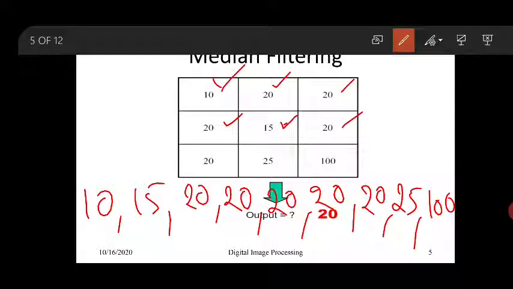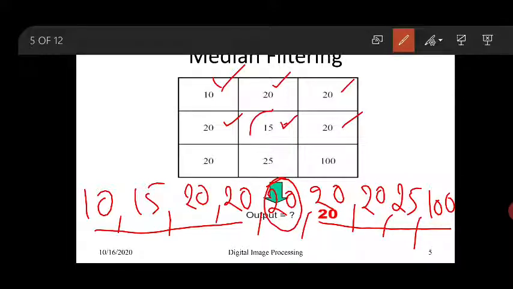A total of 9. Which is the center? From this side 4, from this side 4. What is the center value? 20. The center pixel value was 15, and now it will be replaced with 20. I hope you understood this.